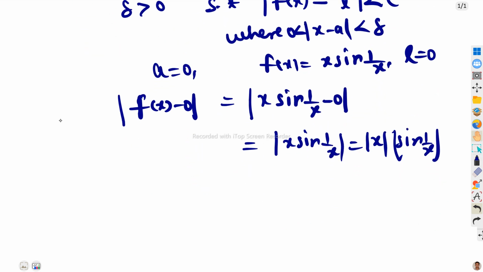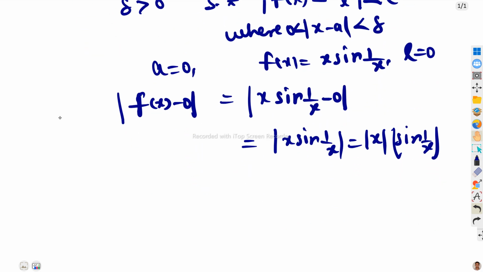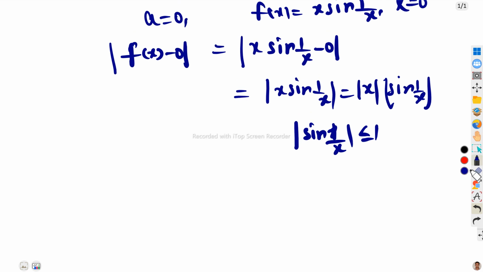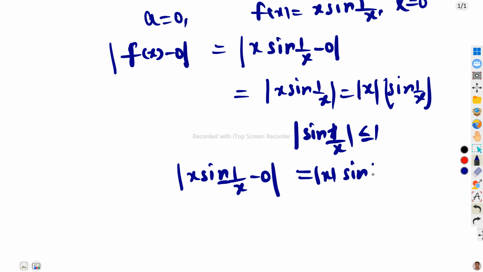We know that the value of sine oscillates between 1 and minus 1. So |sin(1/x)| is less than or equal to 1. Therefore |x sin(1/x) - 0| equals |x sin(1/x)|, which is less than or equal to |x|.